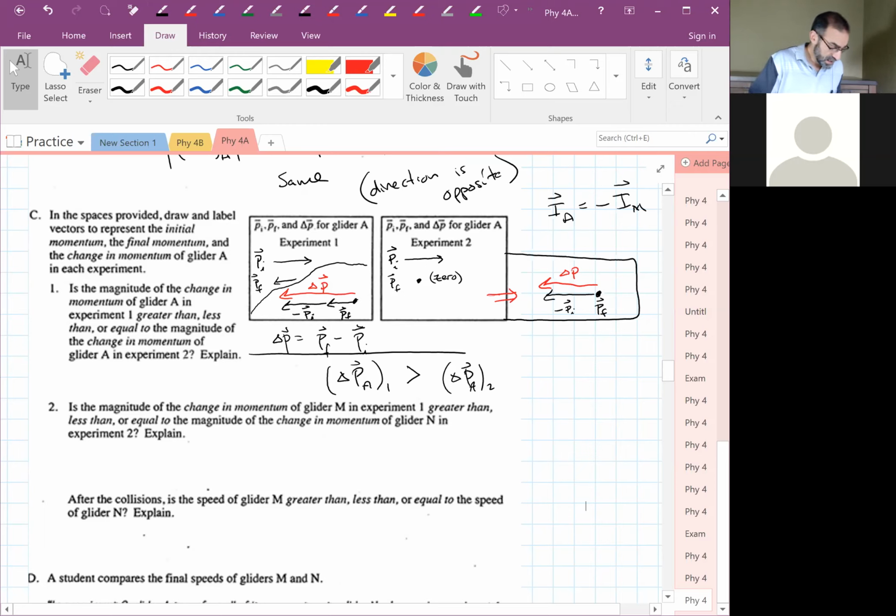So then M has to be greater than N. Delta P, the change in momentum for M, has to be greater than the change in momentum of the other one.